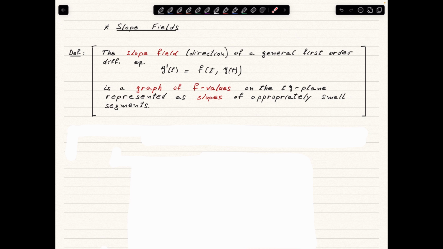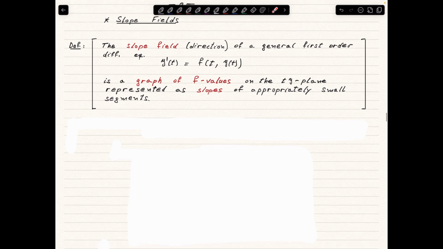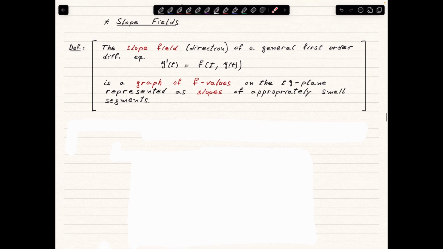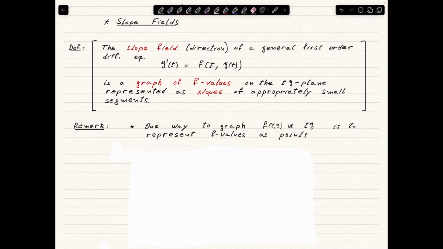To understand a little better what we mean by all that, let's recall the usual way we graph a function of two variables, t and y. The usual way to represent the values of a function of two variables on the plane of variables t and y is to represent the values of the function as points on a third axis.